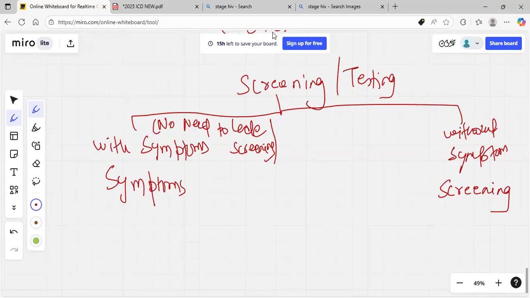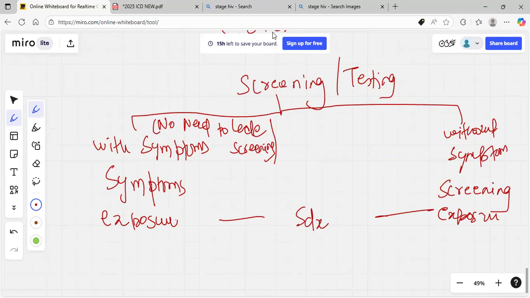And in conjunction with the screening, if the patient had any exposure to infection, you can use exposure as a secondary diagnosis. Your exposure will be a secondary diagnosis. So whenever a patient is coming to get a screening of any condition such as HIV, COVID, sepsis, any viral diseases, you have to review the chart and verify if the patient is coming with the symptoms or without symptoms.